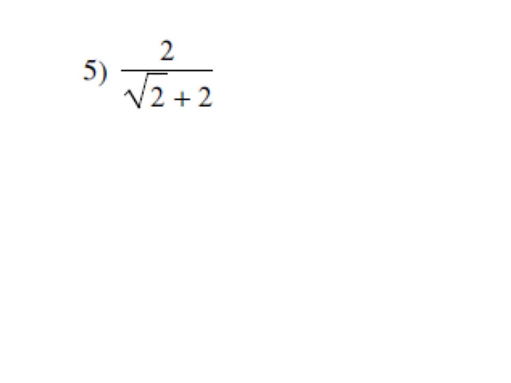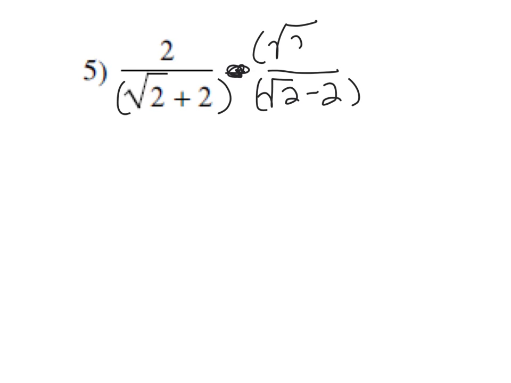So what we're going to have to do is use its conjugate. So we're going to multiply this times its conjugate, which is root 2 minus 2. And I'm going to go ahead and put these terms in parentheses. And since I use that in the denominator, I have to use it in the numerator as well.